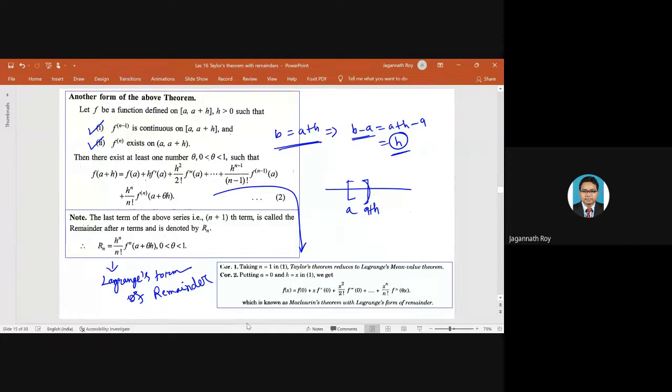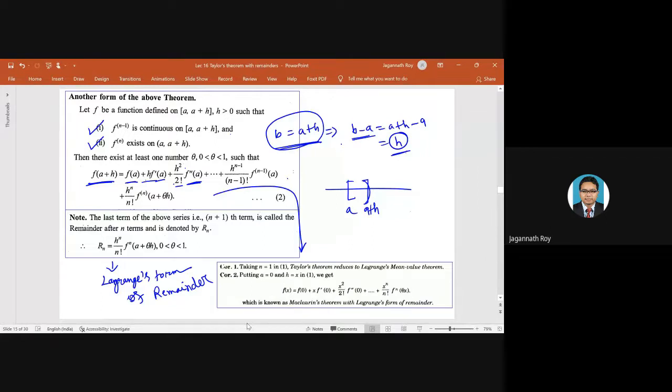Then in place of b, we'll substitute a plus h. Then f of a plus h is equal to f of a plus h into f dash a plus h square by 2 factorial into f double dash of a, and so on.